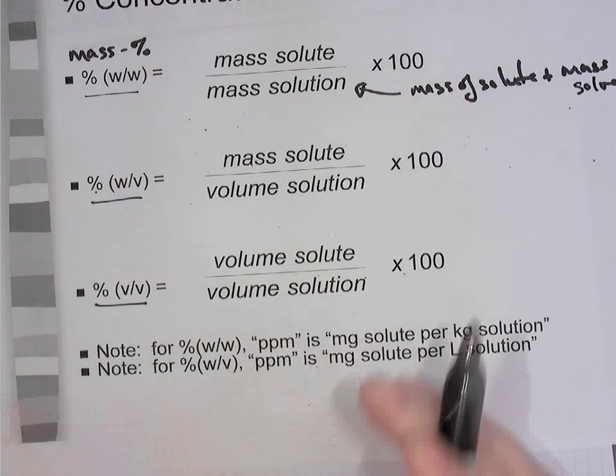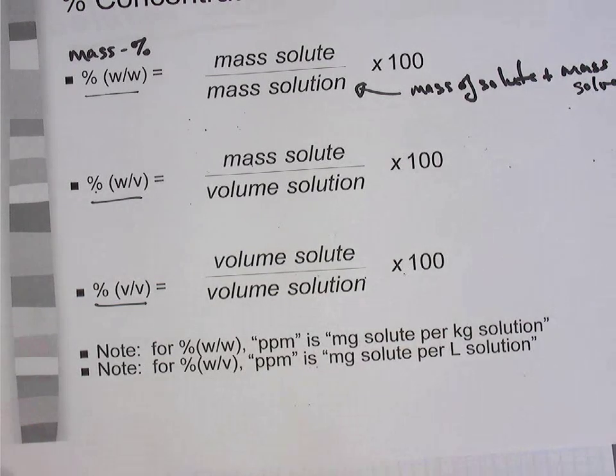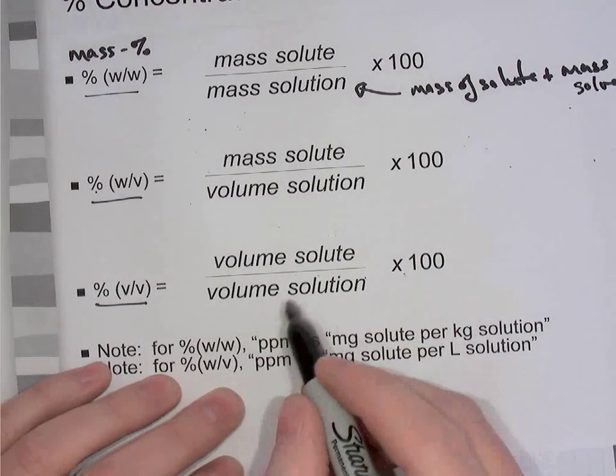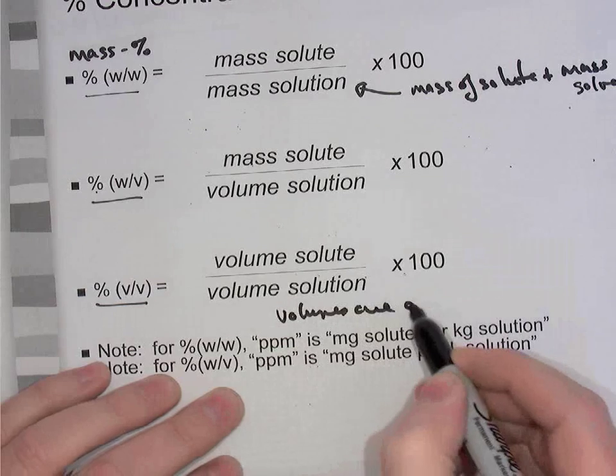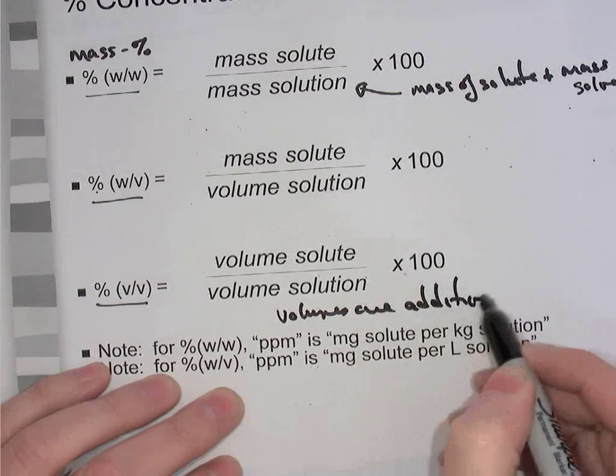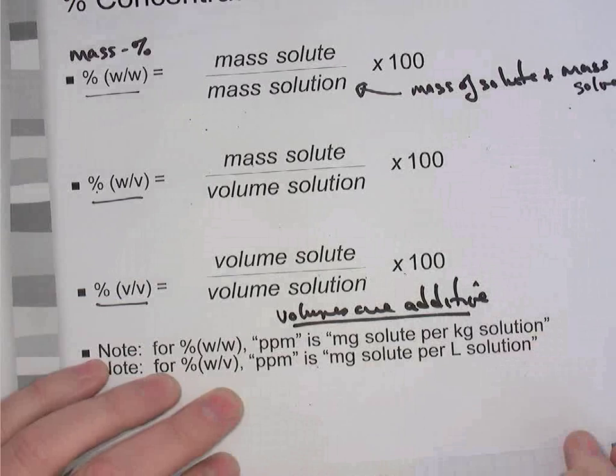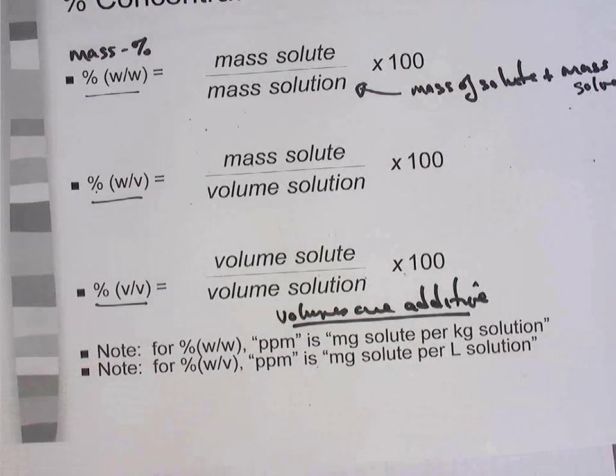If you are meant to assume that, you'll be told in a question that the volumes are additive. When a question says that volumes are additive, it's telling you that you're allowed to assume that if you take 50 mL of solvent and add it to 50 mL of solute, you'll get 100 mL of solution. That's not always true, though, in the real world.